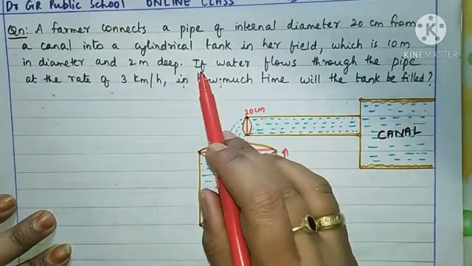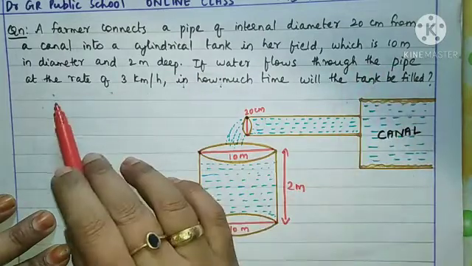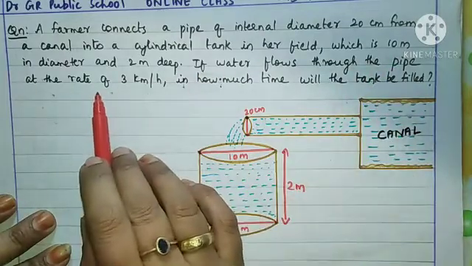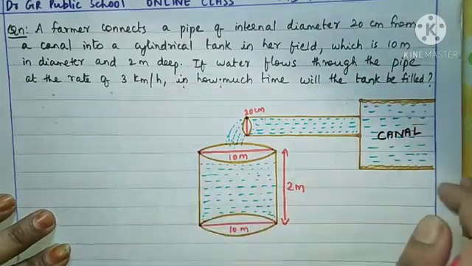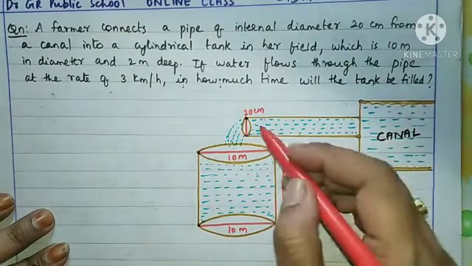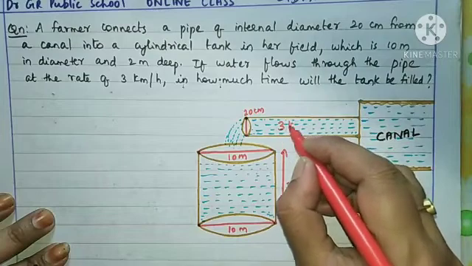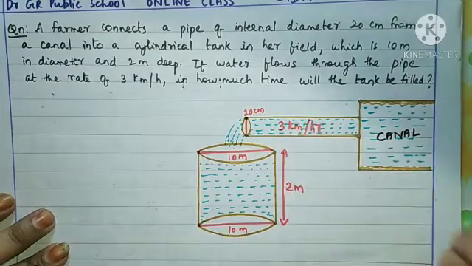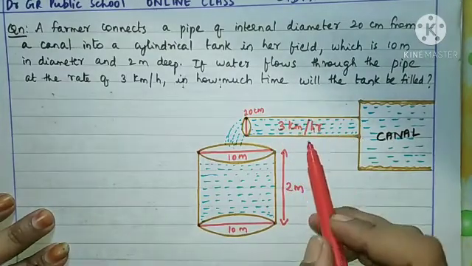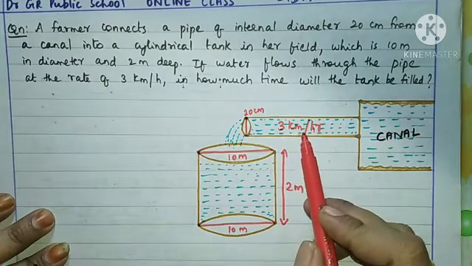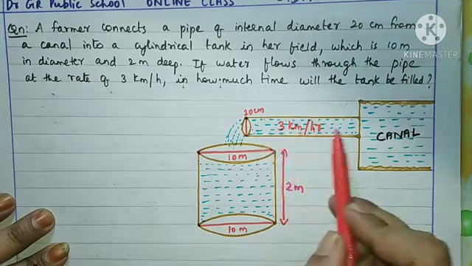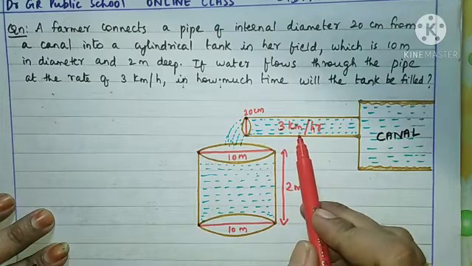Now it is given if water flows through the pipe at the rate of, means it is the speed. So here speed of the water in the pipe is given 3 kilometers per hour. So like the last problem, this 3 kilometer is the speed of the water coming through the pipe in 1 hour.